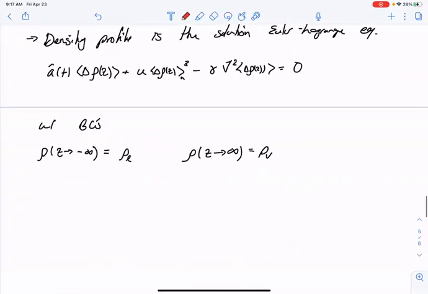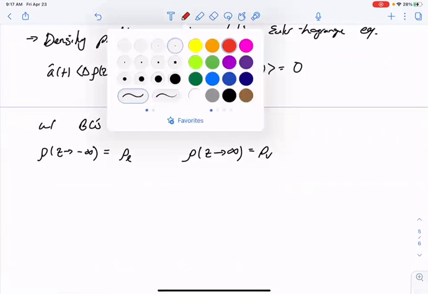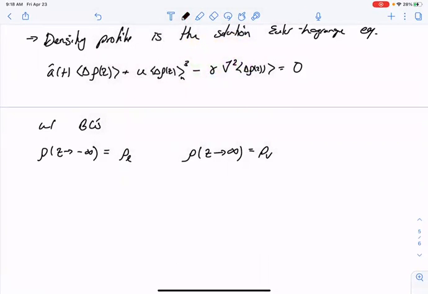So let's see if that solution is a valid solution. Let's see if that form satisfies our Euler Lagrange equation.